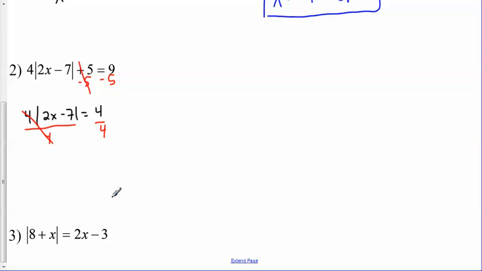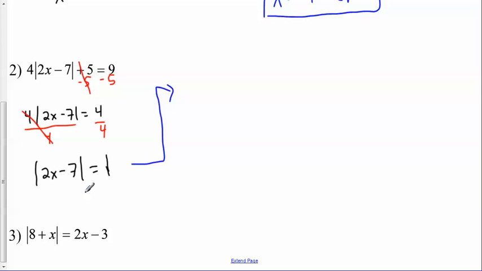Get rid of that coefficient. And that gives me the absolute value of 2x minus 7 equals 1. Now that my absolute value is isolated, I can split it into the two equations.